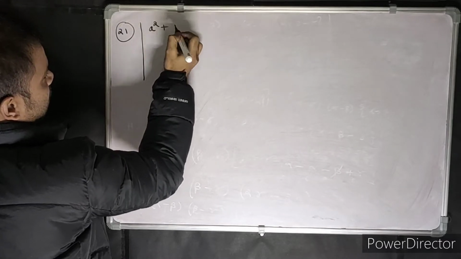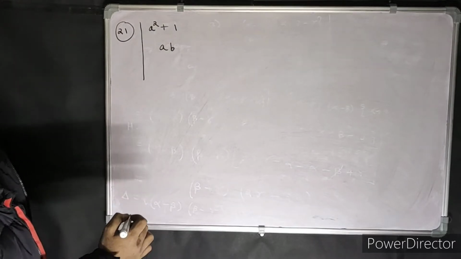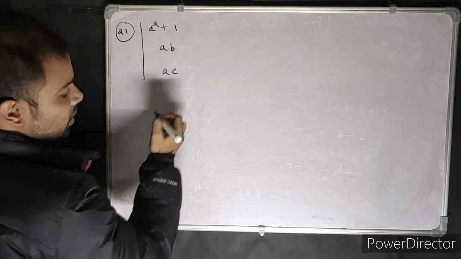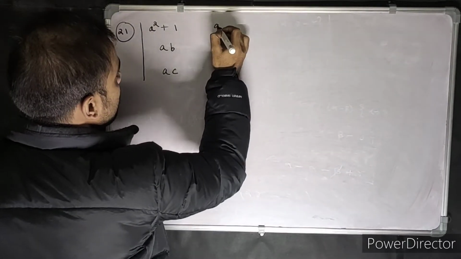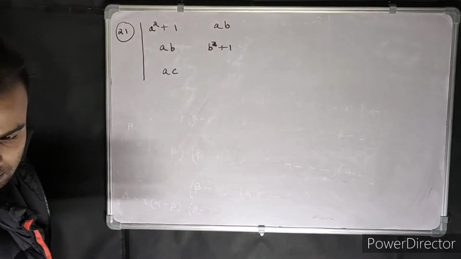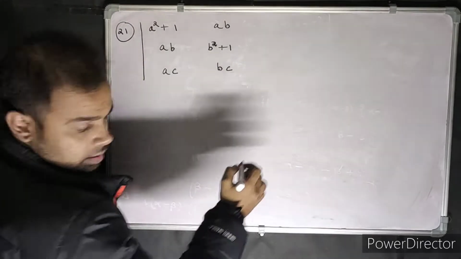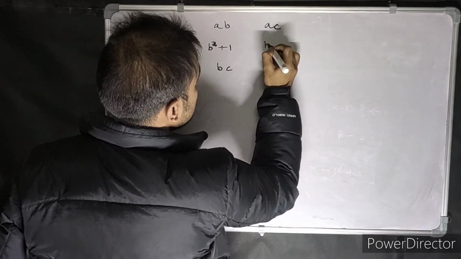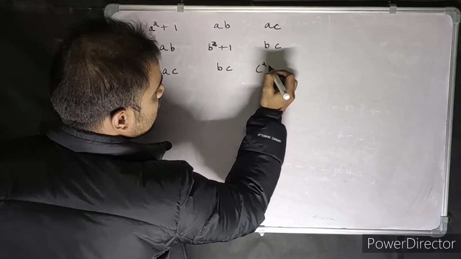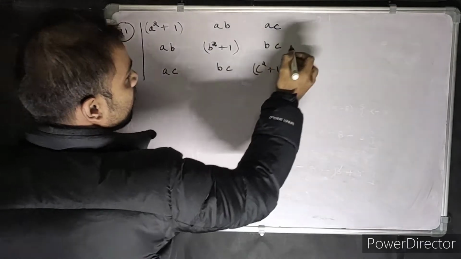Okay, a square plus 1, then ab, then ac, then ab, b square plus 1, then it is bc, then ac, bc, and c square plus 1. You can put these terms in bracket, okay?